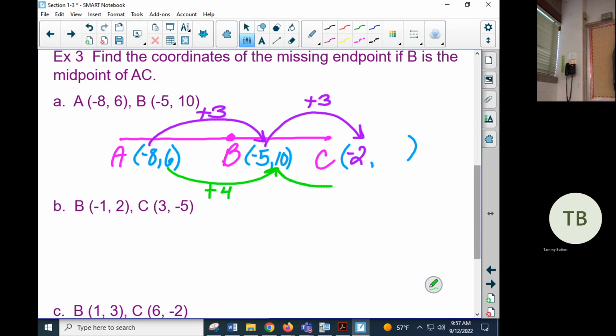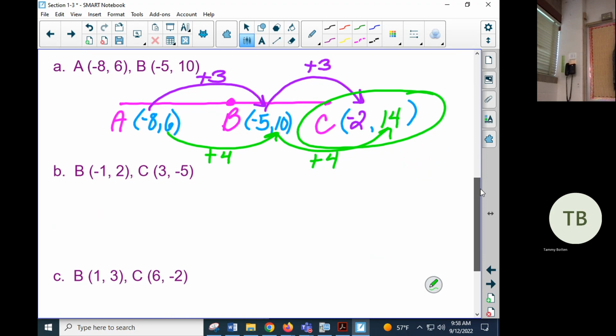So then you would add 4 again to that 10. 10 plus 4 is 14. This is your answer. This is called the shortcut way, and you're going to do that whenever you're looking for an endpoint. If you want to write that in your notes: if looking for an endpoint, use the shortcut method.